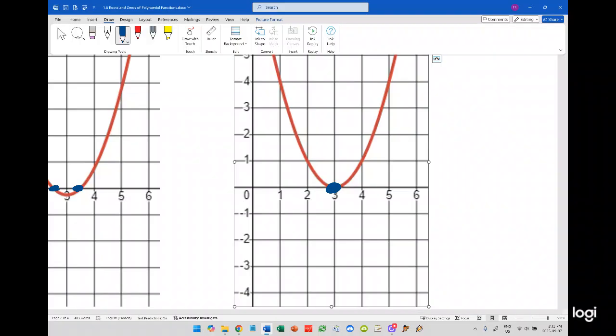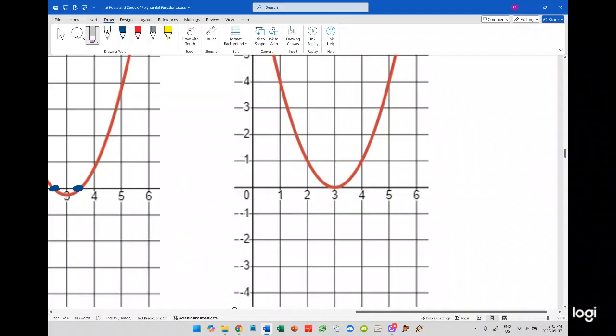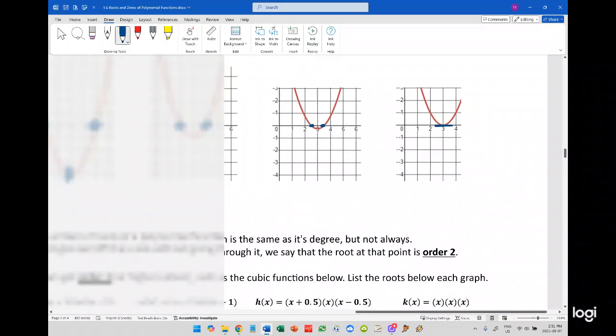So there's just this one brief moment where the graph goes completely flat. It just touches the x-axis and goes back to where it's coming from. And that tells me that there's an order 2 root there. Because if it went just a little further, it would go through the axis twice. It would go down below it and then up back through it. So that's an order 2 root, something that just touches the axis.